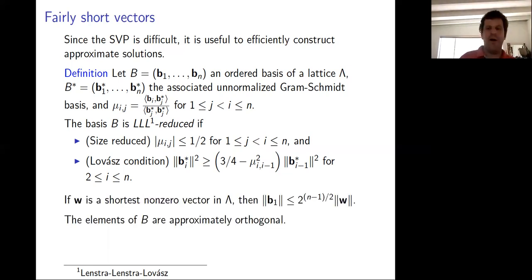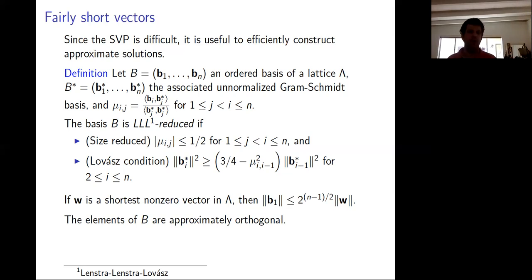And it turns out that if you combine these two conditions, then you actually know that the first vector in this ordered basis is a short vector. Not the shortest vector, but its length is within a constant factor of the length of the shortest vector, where the constant factor is 2 to the (n minus 1) over 2, so it depends on the dimension, but that's all.